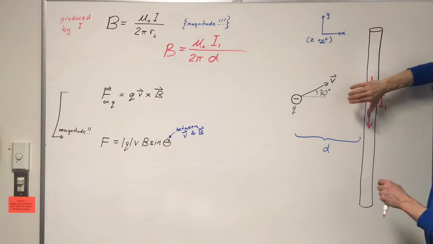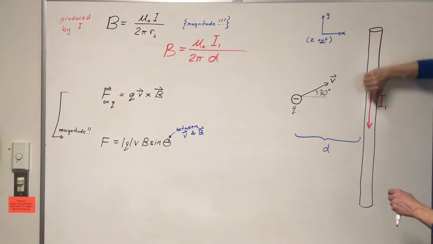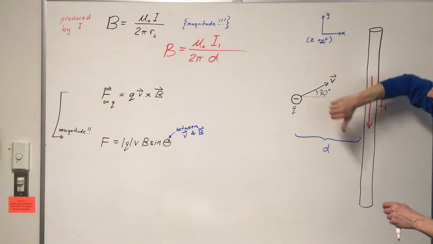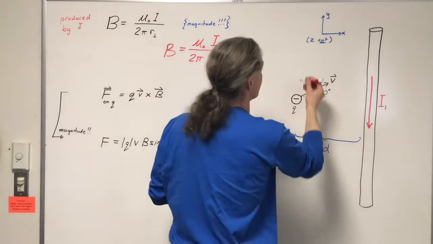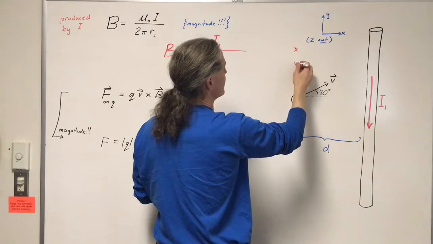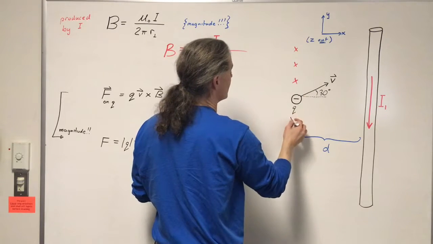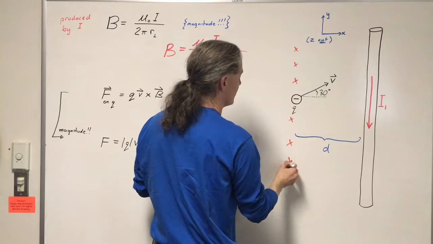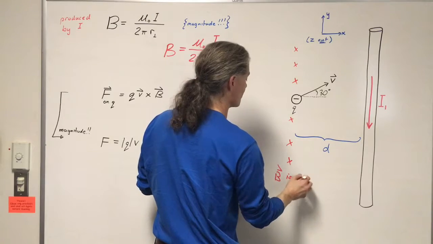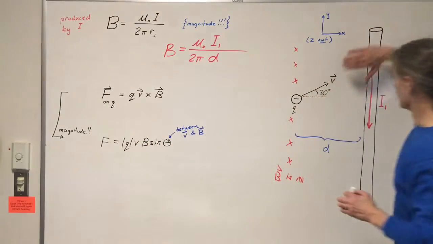This just tells us which way the circles are going. Thumb in the direction of the current, fingers wrap around. In regions over here, the magnetic field is into the board. I'm going to represent that with little X's. So the magnetic field is into the board in this region.